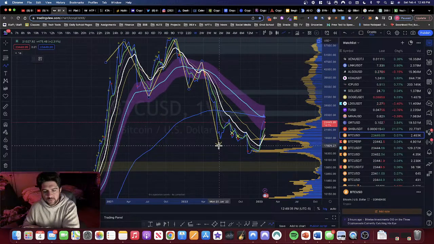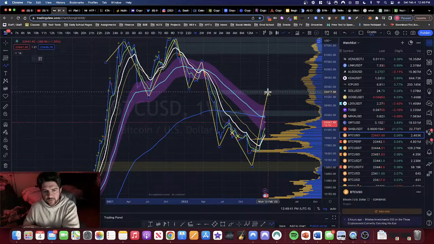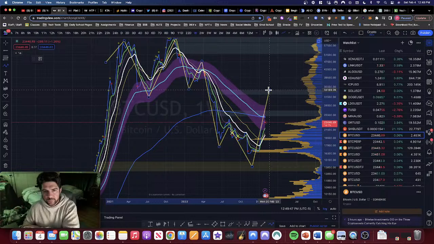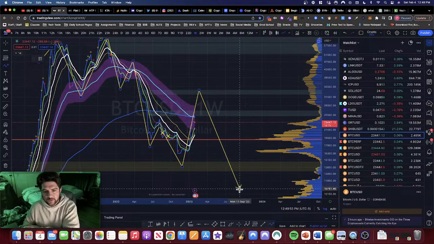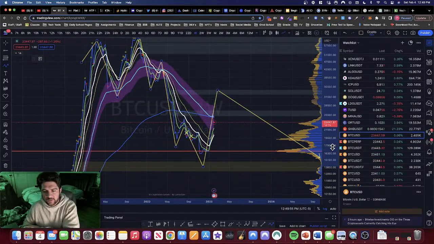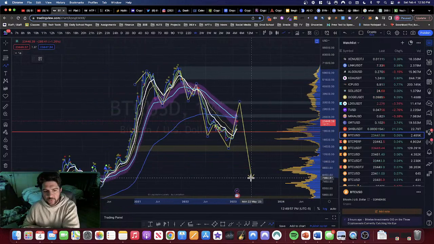Here's your level 2. Back test your M, continuation lower, to level 3. Where level 3 could be anything.